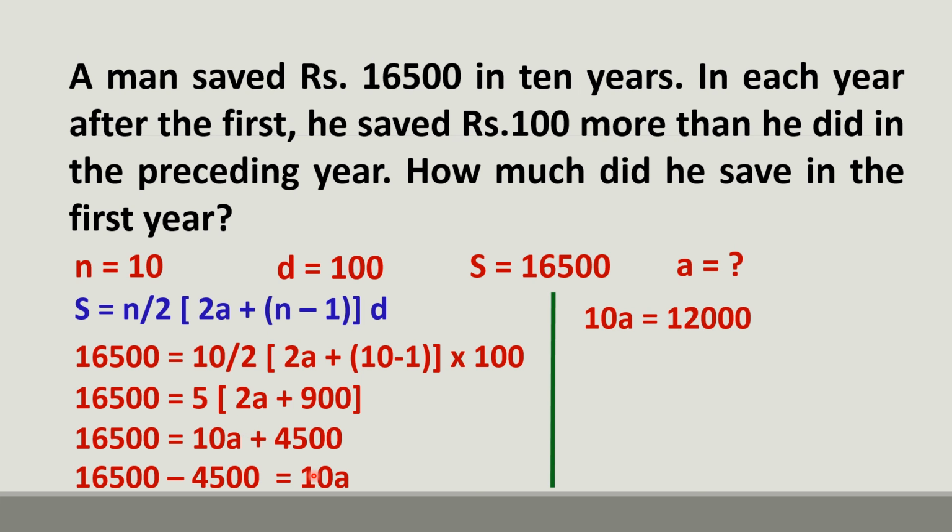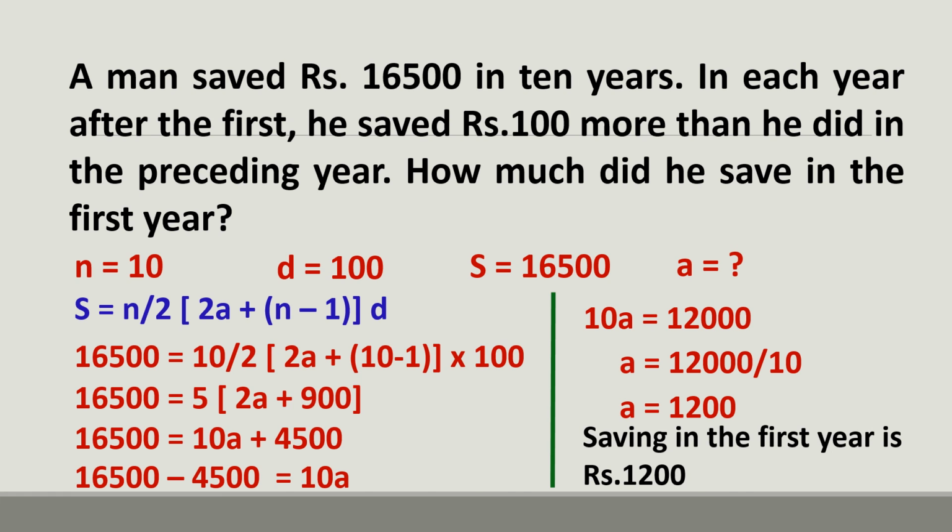So, 10a is equal to 12,000. And a is equal to 12,000 divided by 10. Therefore, a is equal to 1,200. So, we can say that 1,200 is the saving of that man in the first year. This is how we can solve this problem.